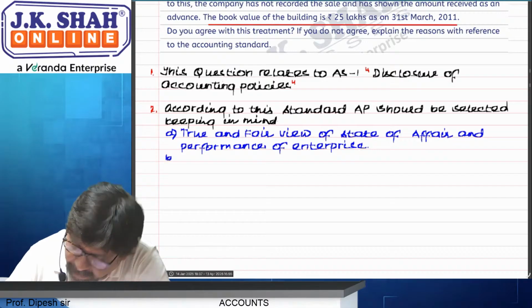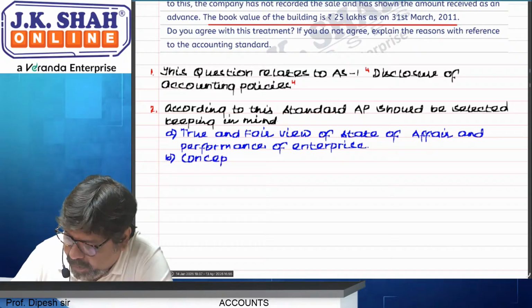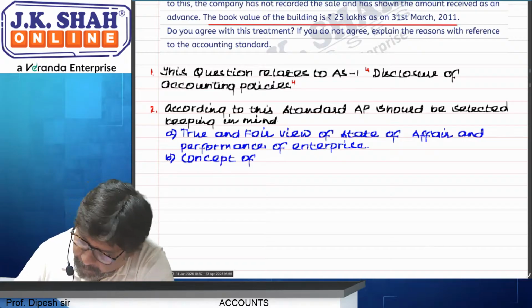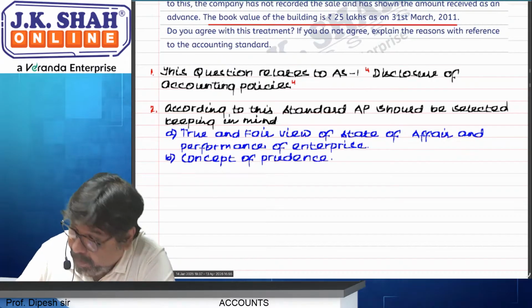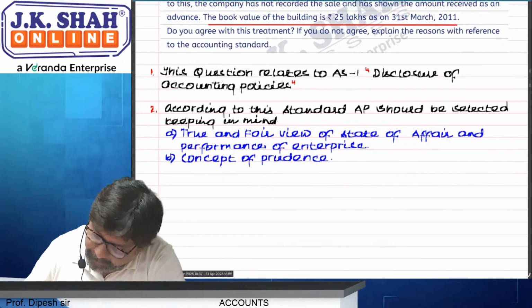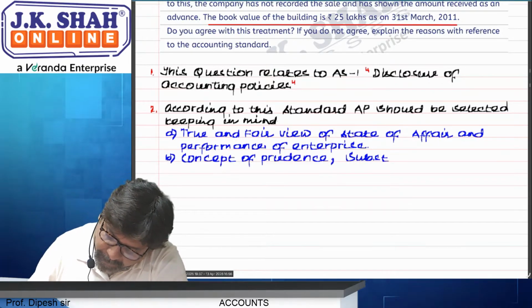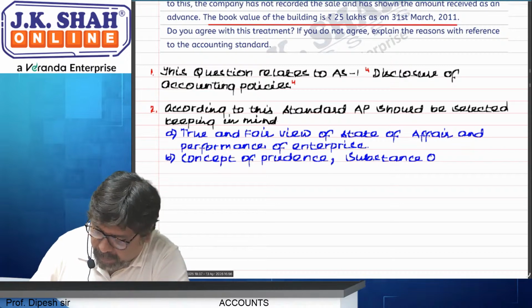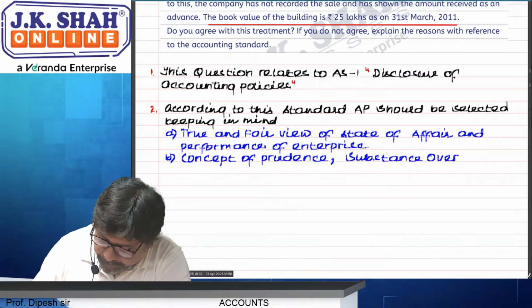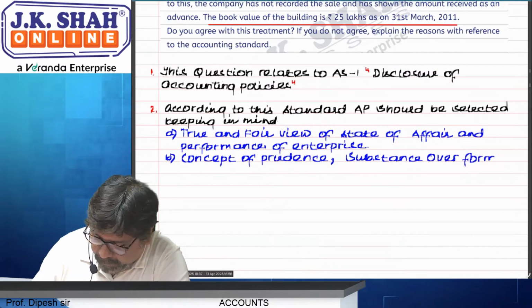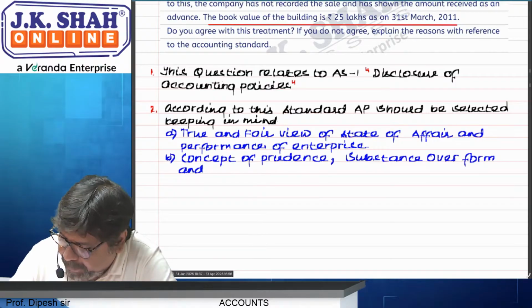B. Concept of prudence, substance over form and materiality.